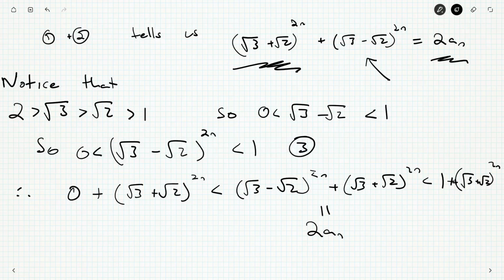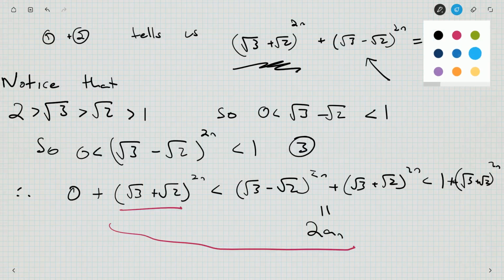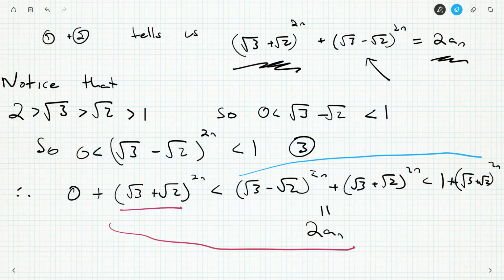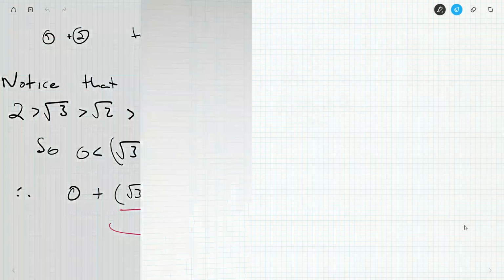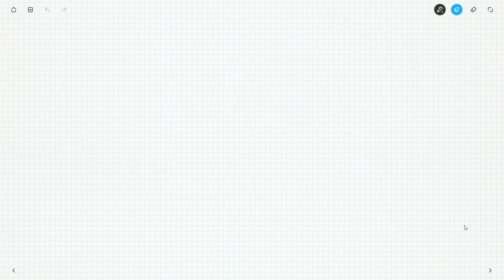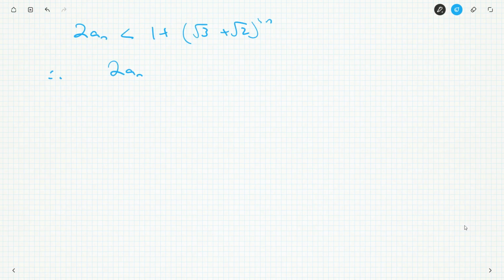And so we'll color code this a little bit. This inequality shows that (root 3 plus root 2) to the 2n is less than 2an. And then this inequality here shows me that 2an is less than 1 plus (root 3 plus root 2) to the 2n, so let's subtract 1 everywhere. And that tells me 2an minus 1, just subtracting 1 from both sides.